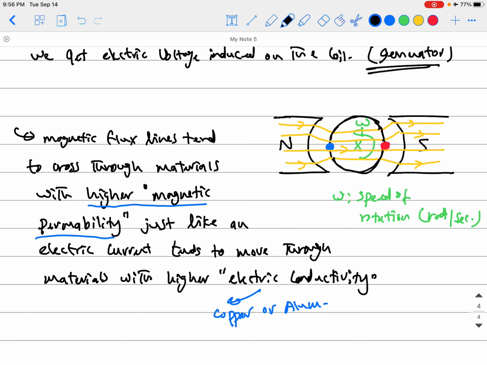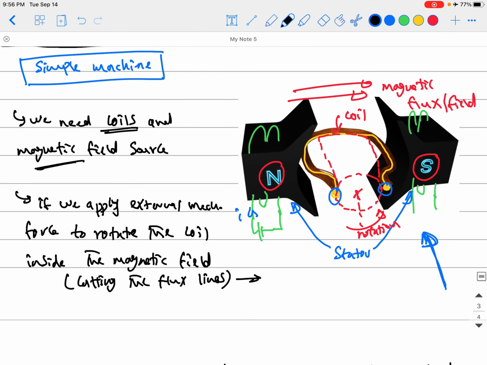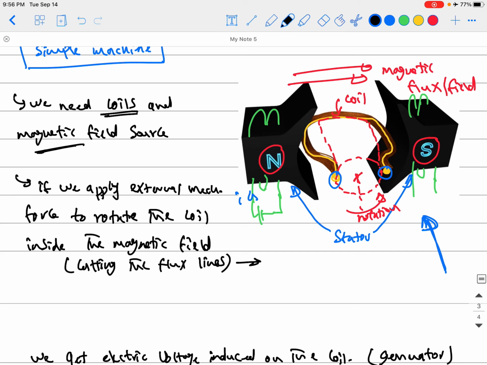Why do we have a cylinder like that? Why don't we just leave the coil in the air like in this photo?